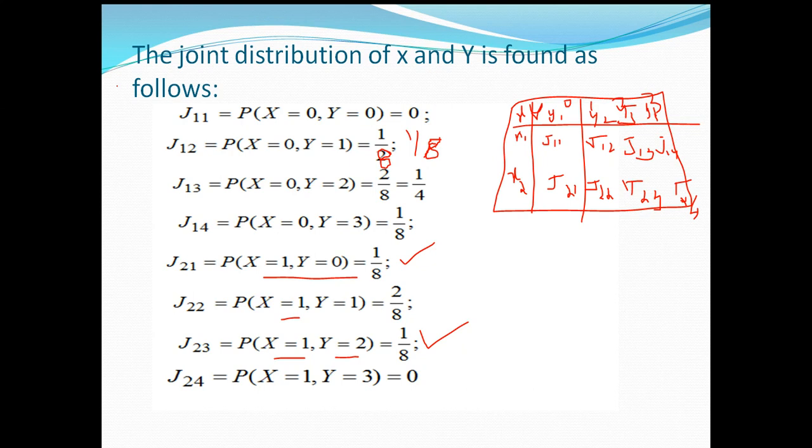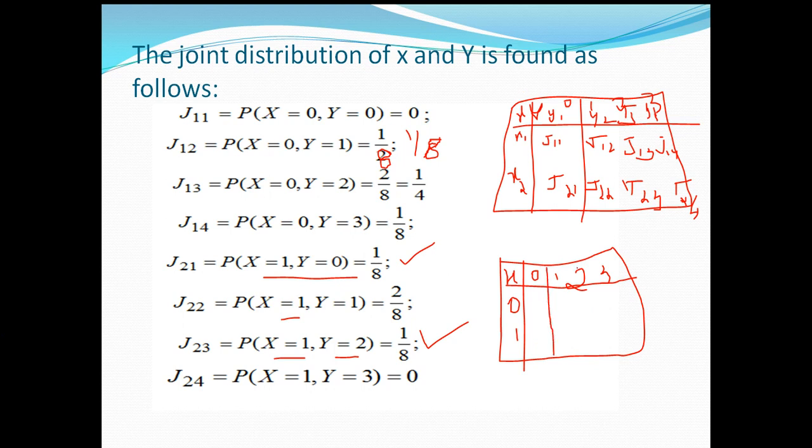Hence these values we can prepare in a table and we write the joint distribution. Here x represents 0 and 1, and y represents 0, 1, 2, 3. Now we can fill the table according to the values we obtained, and that gives the joint probability distribution for the given problem.